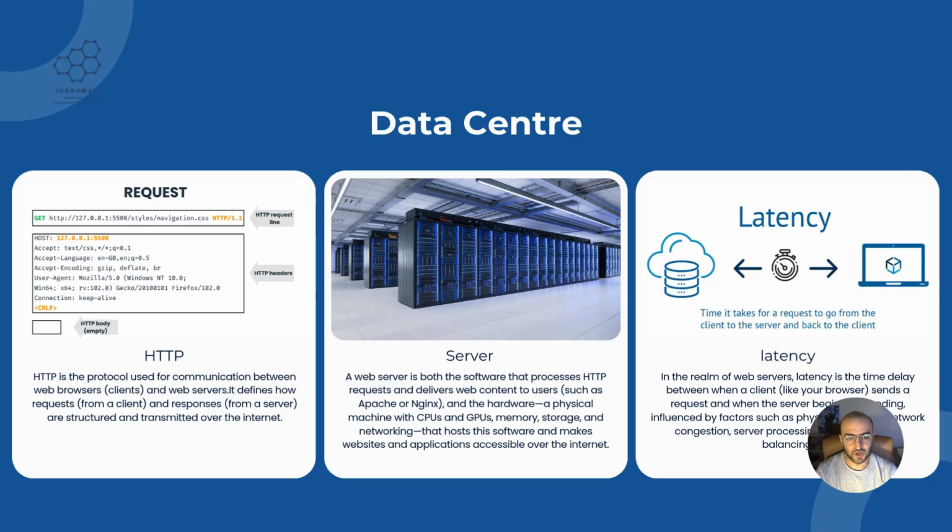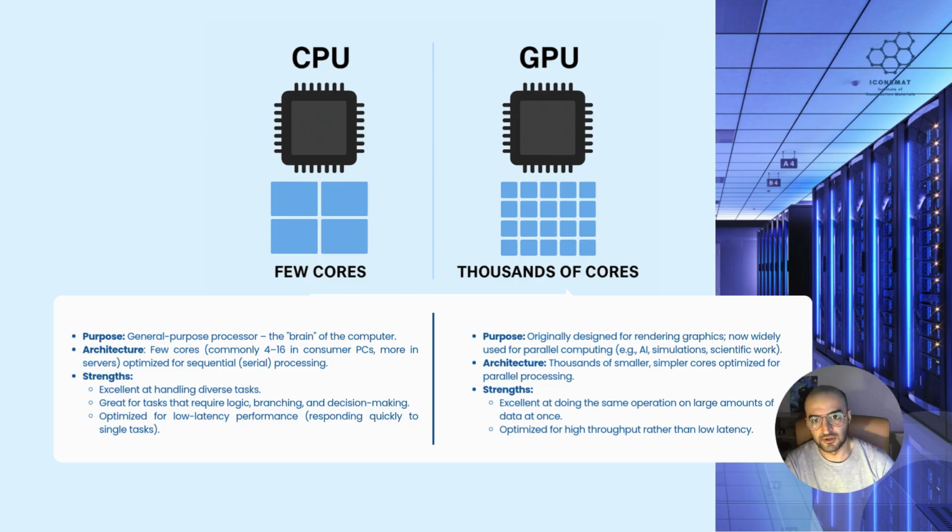Latency is the time it takes for a user, a client, and a server to talk to each other. The lower the latency, the more desirable that platform will be. So that's another key important aspect of comparing GPUs and CPUs. Next, we're going to compare CPUs and GPUs. CPUs are composed of just a few cores.